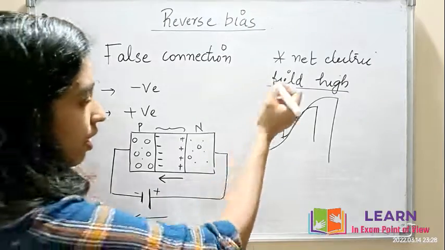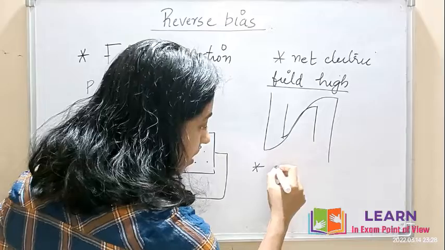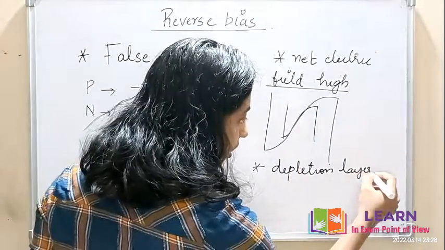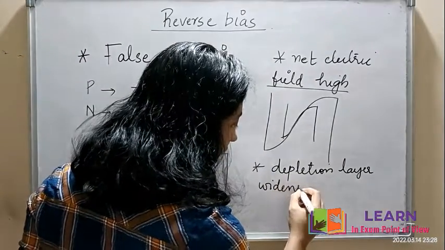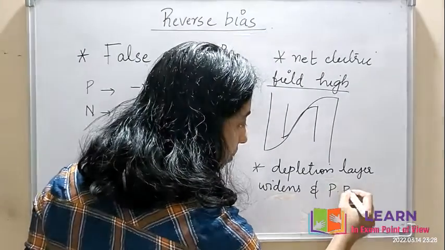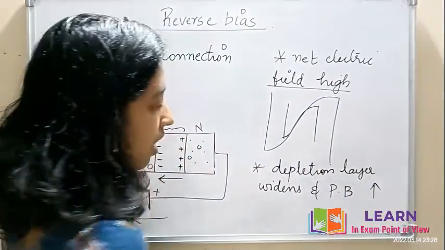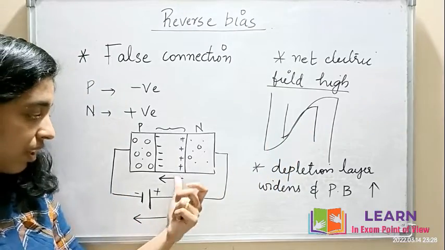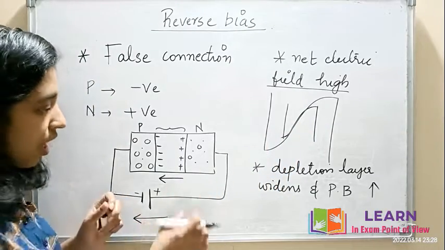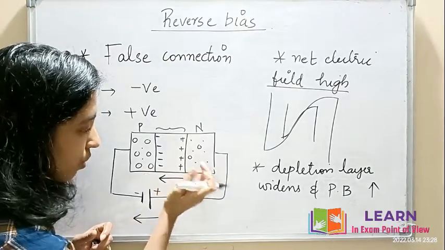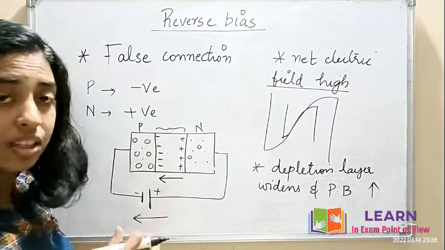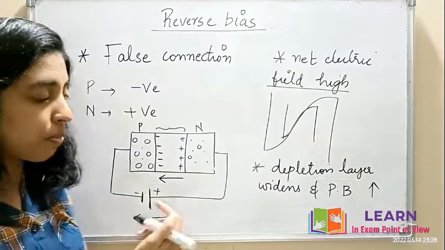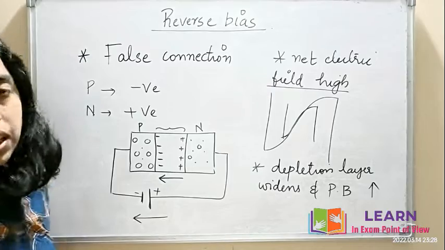Okay. So here, what happens? Depletion layer, this point is important. Depletion layer widens, right? And potential barrier increases. This thing happens when the electric field increases, right? The net electric field is high here, so the depletion layer widens. So here the movement of electrons is again not possible. It's not favorable for the electron movement from N type to P type.